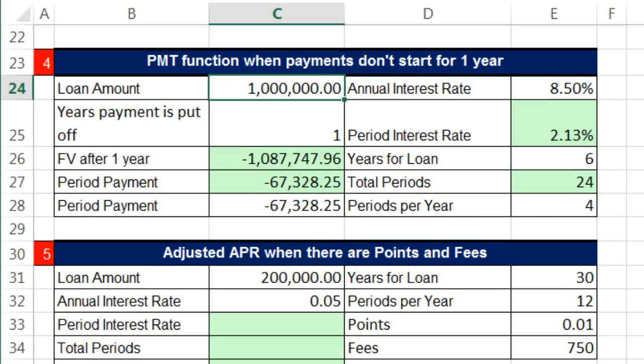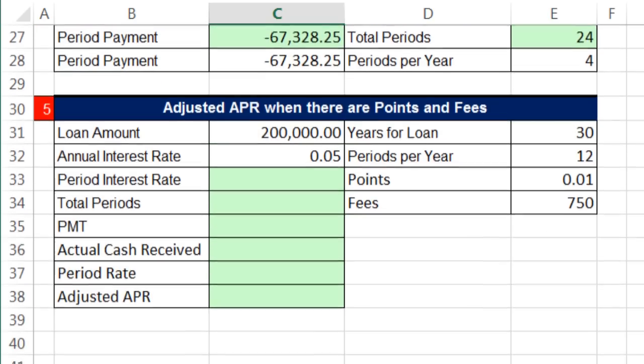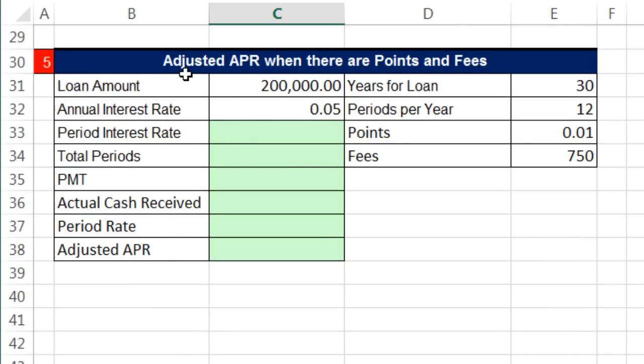All right, we have one last example on this sheet. Here we want to calculate adjusted APR when there are points and fees. Now, if you go out and borrow $200,000 for a house, the contract says, hey, there's points and fees. And a lot of us don't think about that, but points mean they're going to actually take some of this. So even though you owe the $200,000, the person initiating all this is going to take 1% of that.